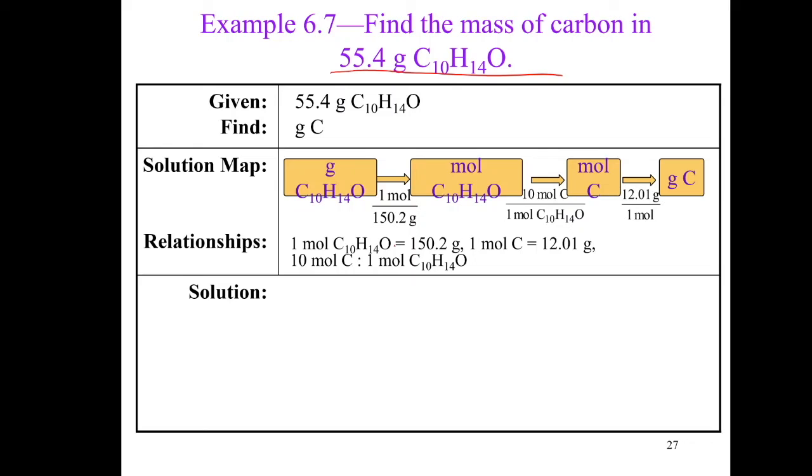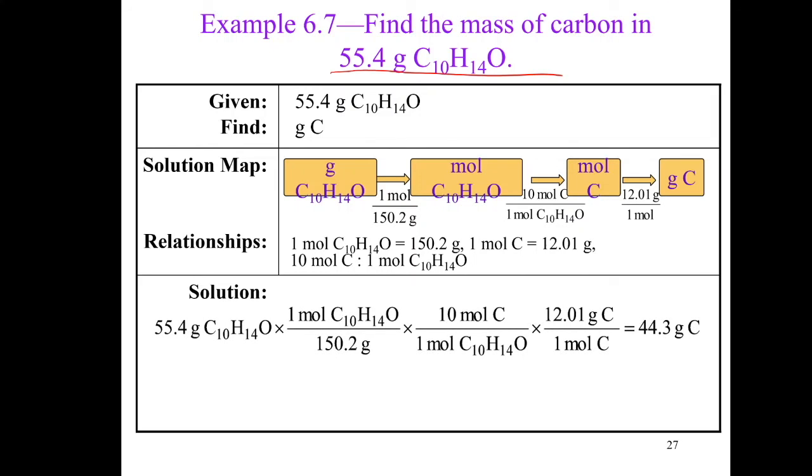So we're going to need some molar masses. We're going to need the mole ratio from the compound to the atoms of carbon. And so we put our work together. We start off with what they gave us. We then go from grams to moles because this chemical formula tells us a mole quantity. It does not give us a mass quantity.